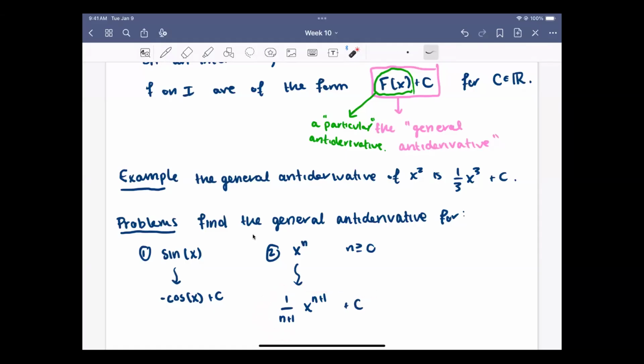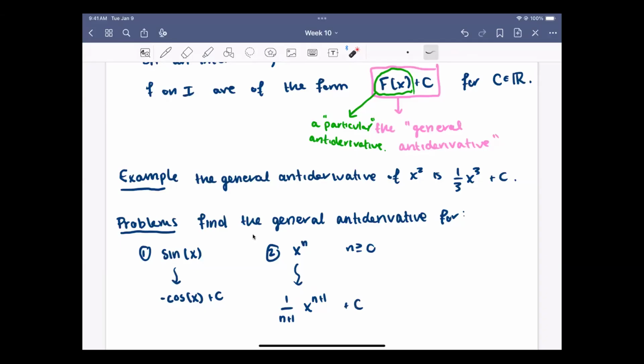If you write something down, you can then take the derivative and hopefully you'll get the thing that you started with. So we take the derivative of this, we will take the exponent down and cancel this coefficient, and then we'll be left with x to the n. So this works out. Okay, are there questions?